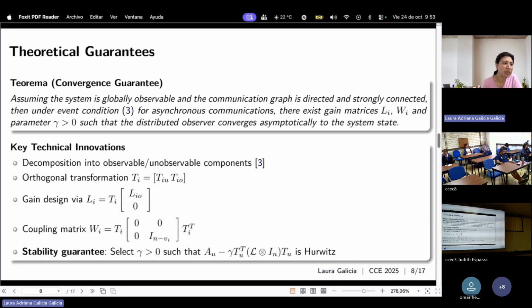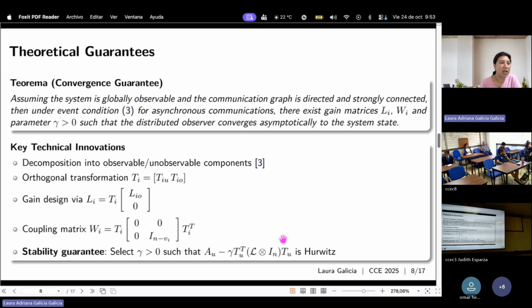This decomposition, achieved through orthogonal transformation, allows us to design specific gains for local correction and others for network coupling. The coupling condition provides a mathematical guarantee of stability.